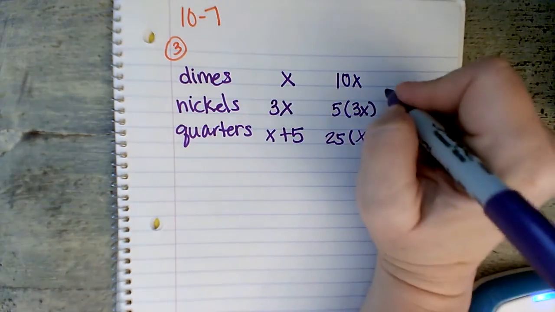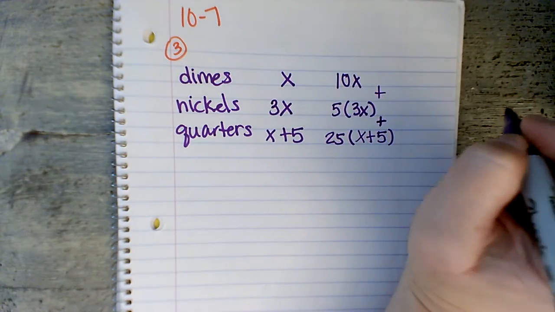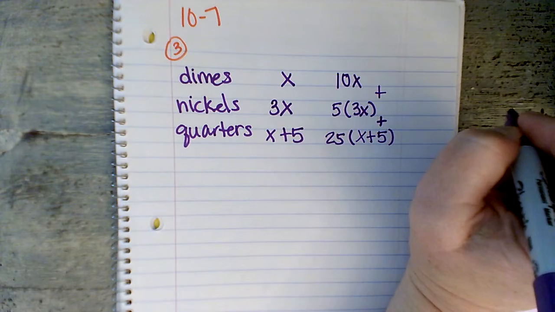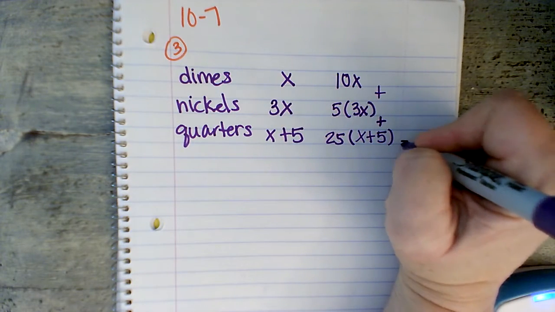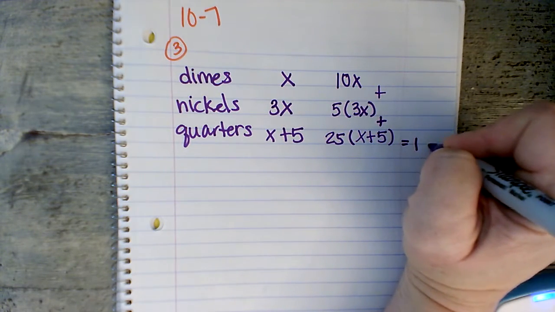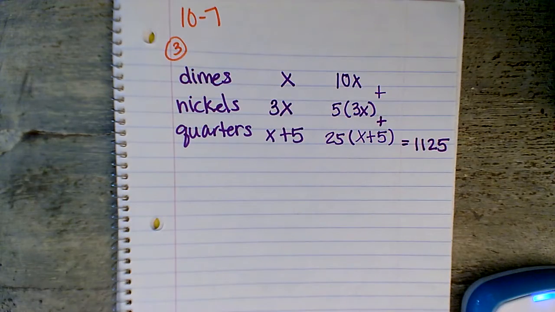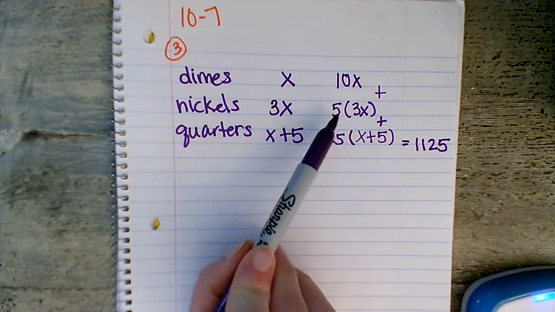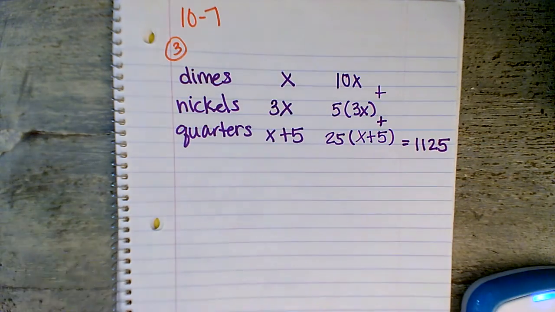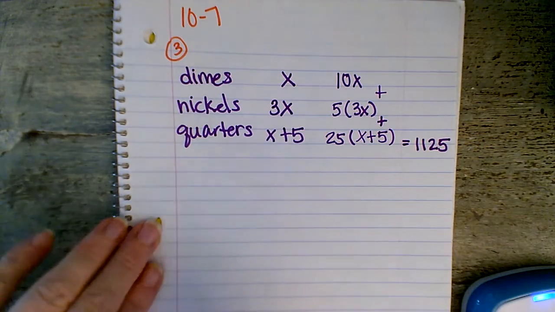And then I'm going to add these 3 things up, and it says I have a value of $11.25. So it's going to equal 1,125 pennies. Remember, we take the decimal point out, we convert the dollars to pennies because we're working with 10 pennies, 5 pennies, 25 pennies, so this has to be in pennies as well. So let's just write that out.